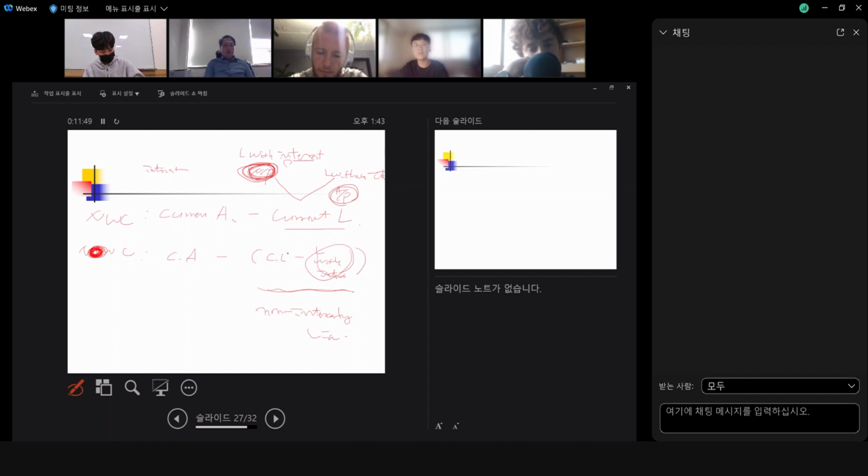Okay, so the reason why we distinguish the liability with interest is because, as I told you, from the point of view of cash flow, interest is already collected in the discount rate, right? So if we consider this interest, then that's going to be a double count. So we need to deduct the liability with interest.